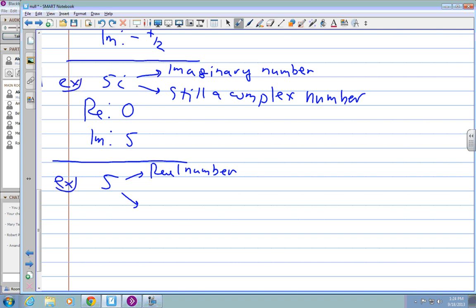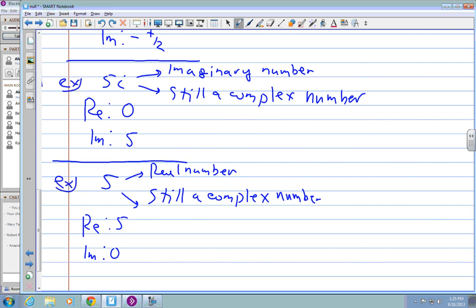Okay? So every real number is also a complex number. It just has the real part 5 and the imaginary part 0. So this number does live on the number line, it just doesn't have an imaginary part.